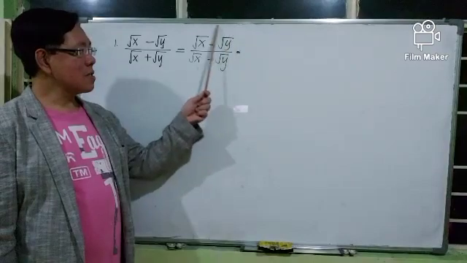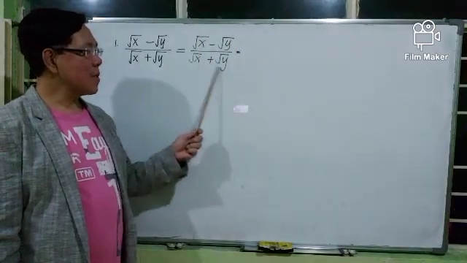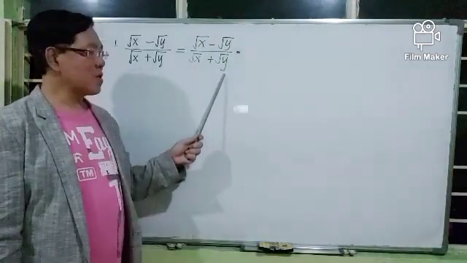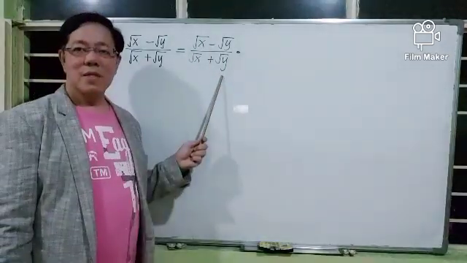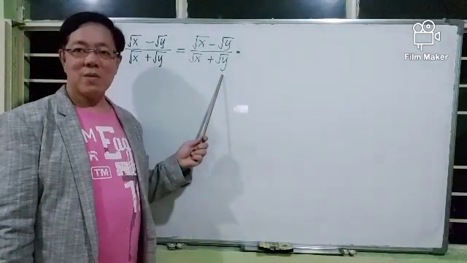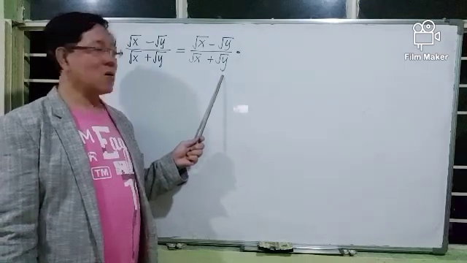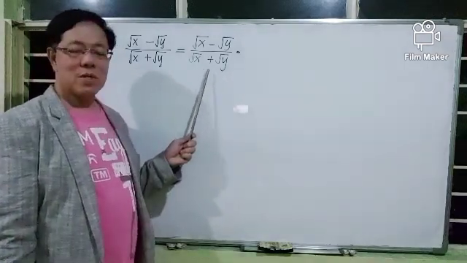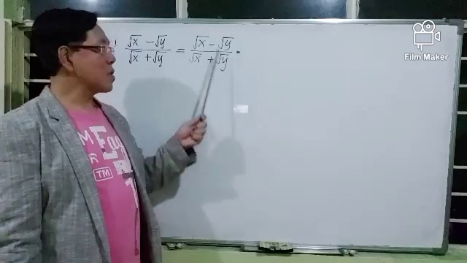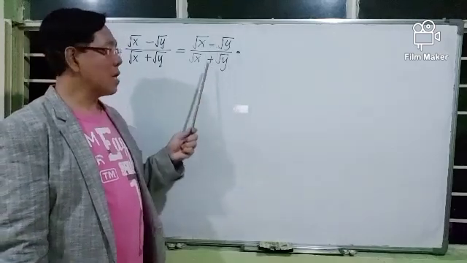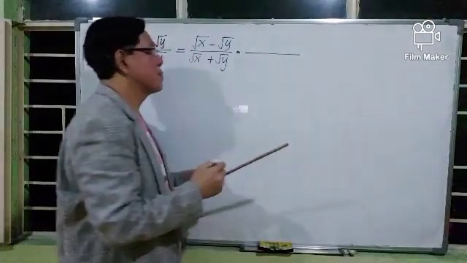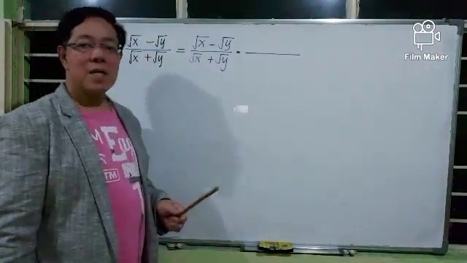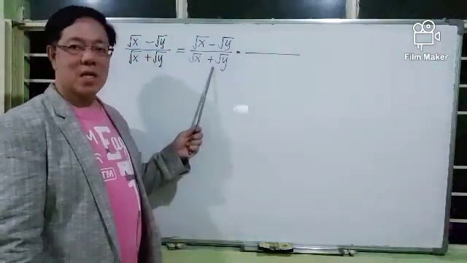Again, to rationalize the denominator, which is square root of x plus square root of y, we multiply the given rational expression by the conjugate of the denominator. Specifically, we multiply the numerator and denominator by the conjugate of the denominator.